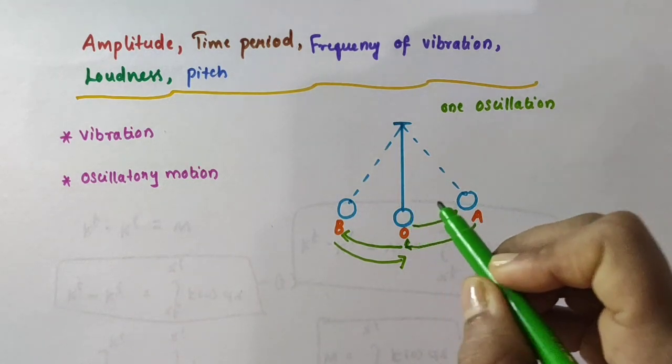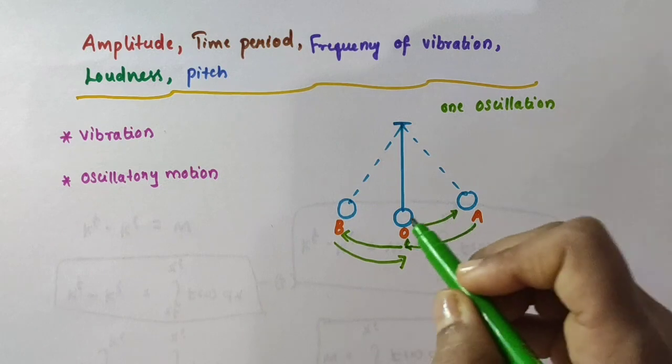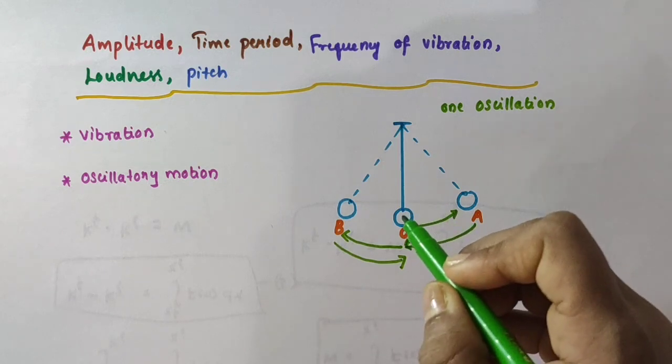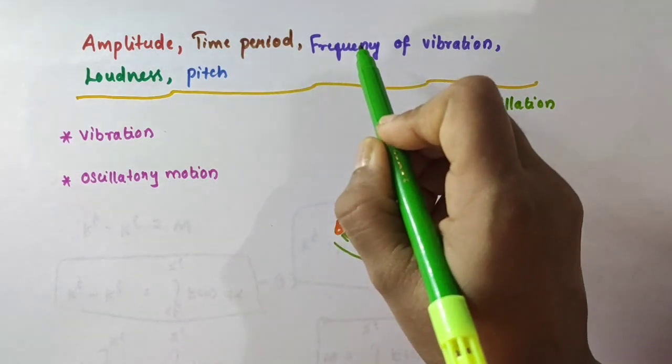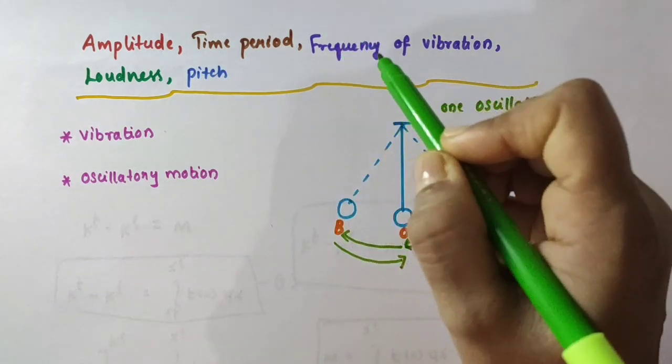Now, the number of oscillations per second, or the number of oscillations in 1 second, is called the frequency of vibration or frequency of oscillation.